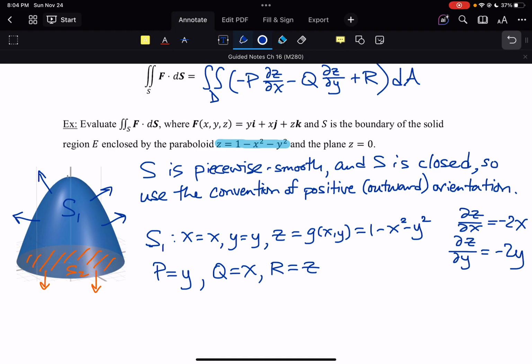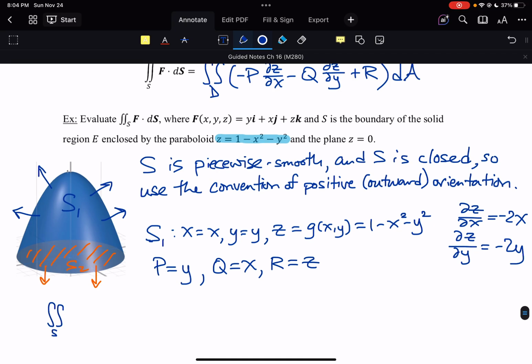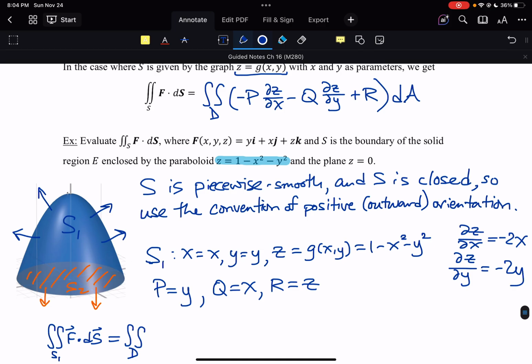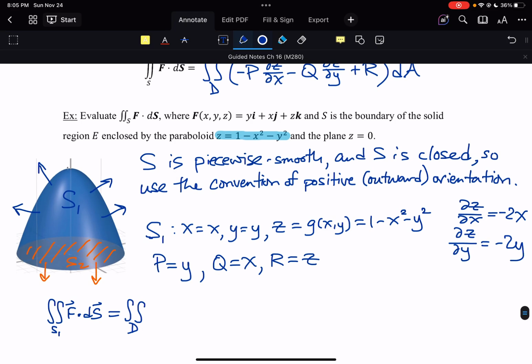So our surface integral over S1 of f dot ds is equal to the double integral over D of negative p times partial with respect to x minus q times partial with respect to y plus r.